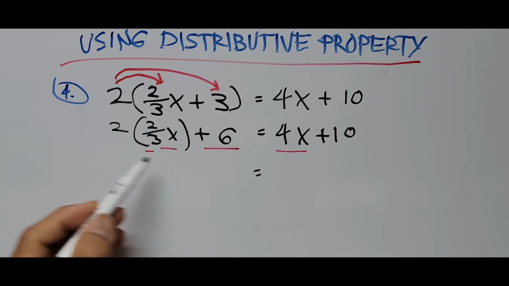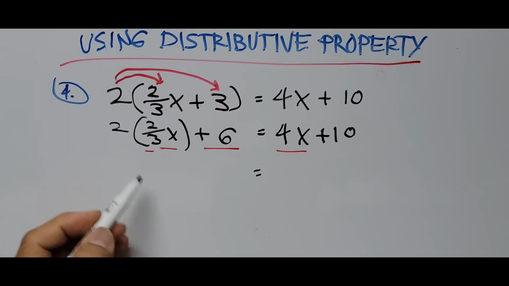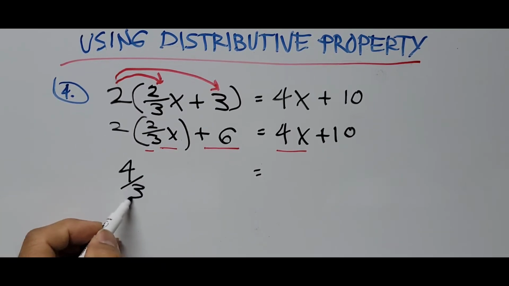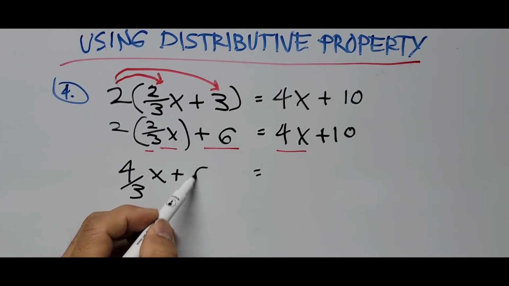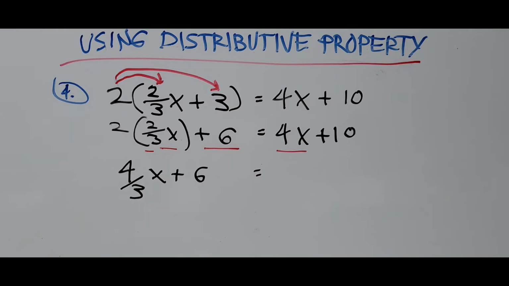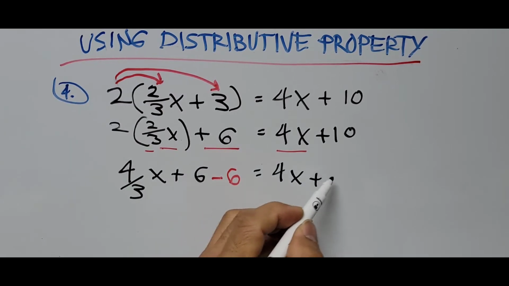So as we go along, just simplify this one right here. 2 times 2/3, it's 4/3 x plus 6. We do here, so minus 6 to eliminate that 6 right there, is equal to 4x plus 10.